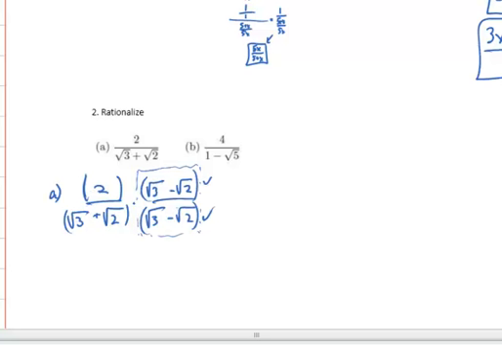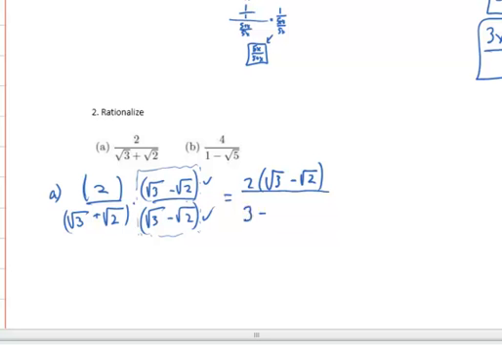So in my numerator, I'm going to have 2 times root 3 minus root 2, but in the denominator, because of foiling, or multiplying a binomial by a binomial, or conjugates, when they multiply, the outer and inner terms cancel. So root 3 times root 3 is going to give you 3.